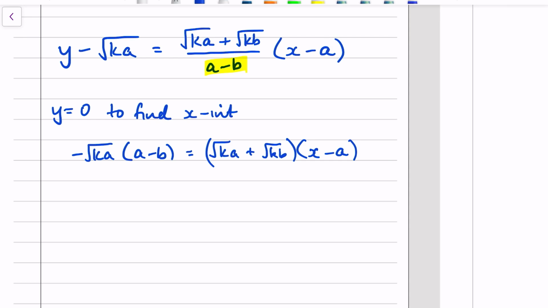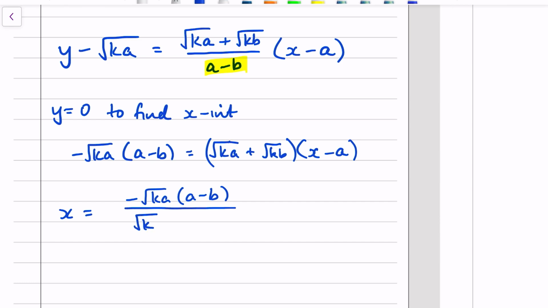So I'm going to do division on that factor in the front, and then I'm going to add A. So x is equal to the left-hand side stuff, all divided by that factor in the front.